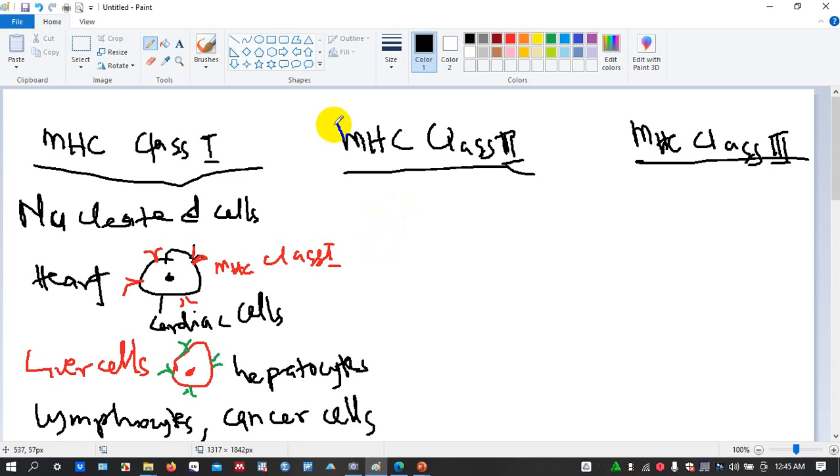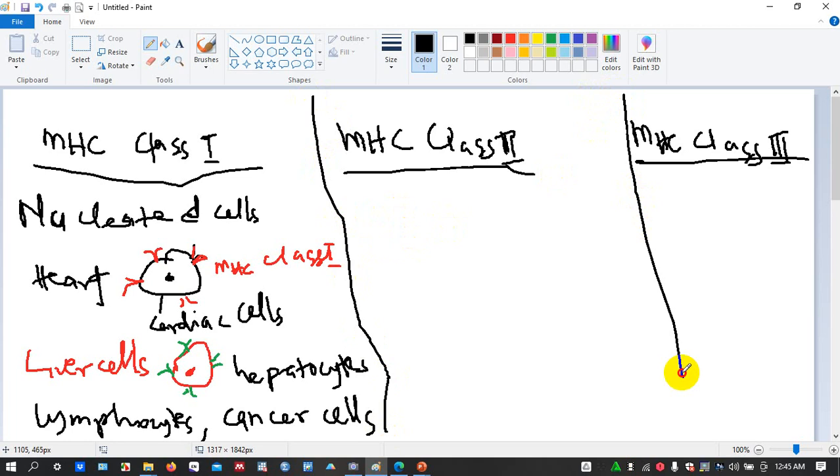Okay, MHC class 2 is only found in what? Found on antigen presenting cells.